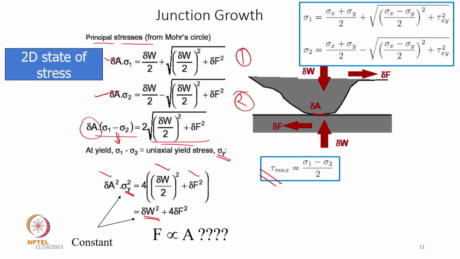Now what is really interesting from this relation is that this is a constant, and this is a constant. That means whenever there is a friction force, it is going to increase the area of contact. Whatever the initial contact, it will increase by a percentage.